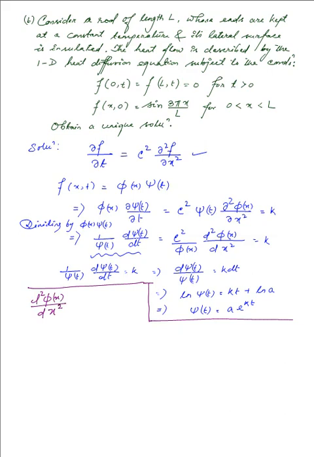Taking it back to one side, we have phi x k over c squared, and that is equal to 0.